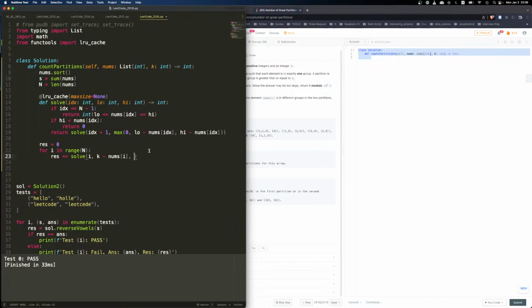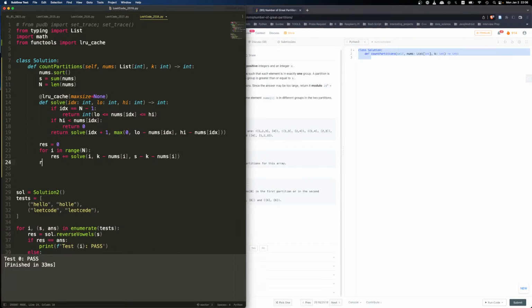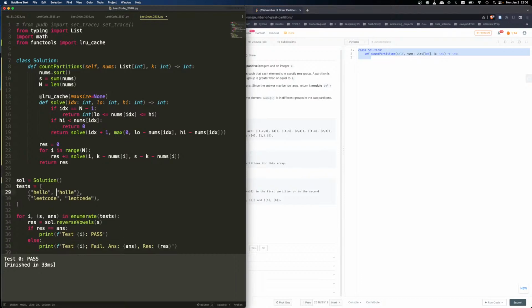The nums I plus this shall be smaller or equal to total sum minus k. So this shall be smaller or equal to total sum minus k minus nums I. See if it works.